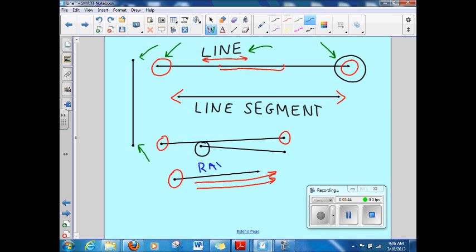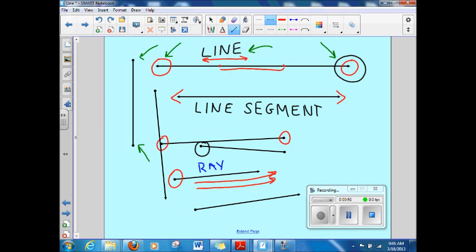Rays have a starting point but no stopping point, and they are also straight. Notice that line segments, lines, and rays are all straight. Let me give you an example. Here's one that's not straight. That's not a line. It's not a line segment, and it's not a ray. If it's not straight, it isn't any one of these things.